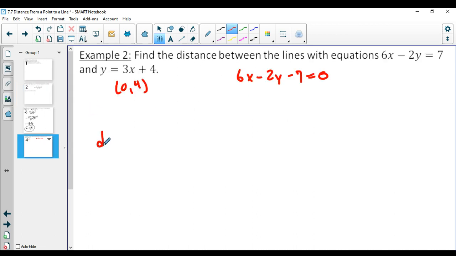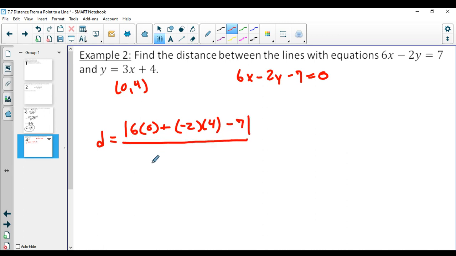And then we're just following d equals the absolute value of a times our x point, plus b, which is negative 2, times our y point, plus c, which is negative 7, all over the square root of a squared, so 6 squared, plus b squared, plus 2 squared.